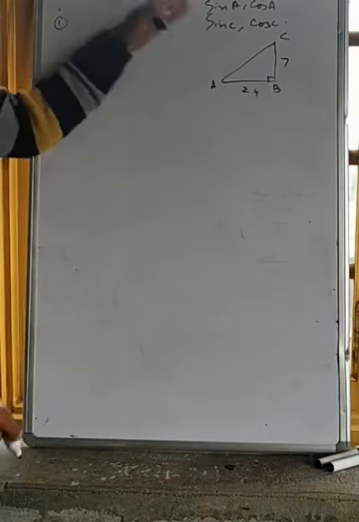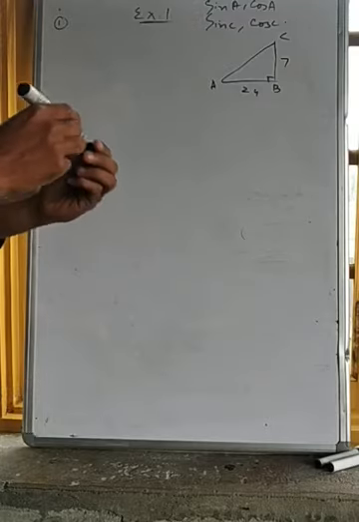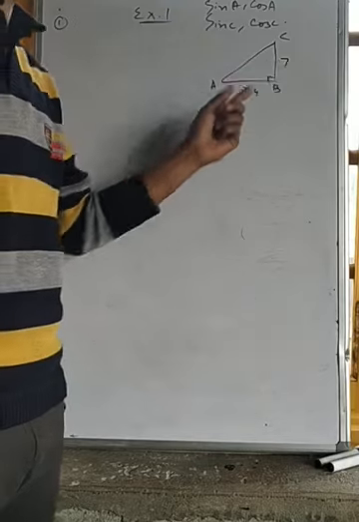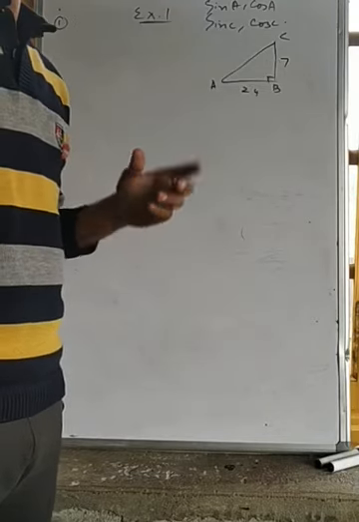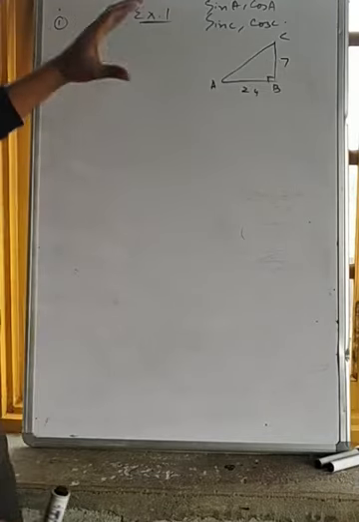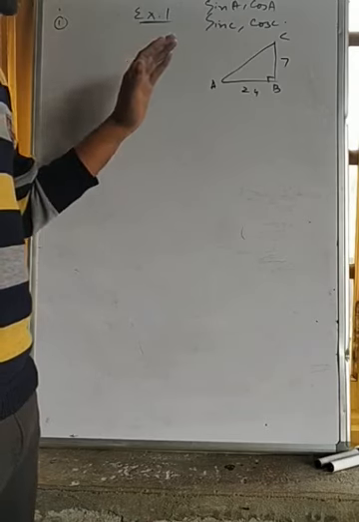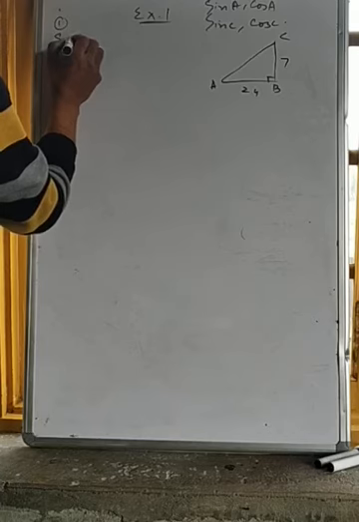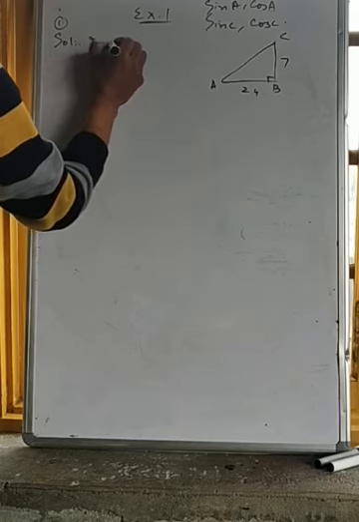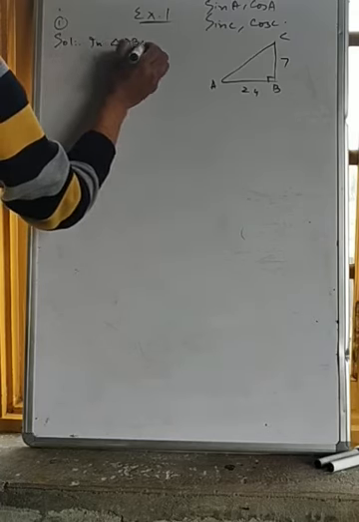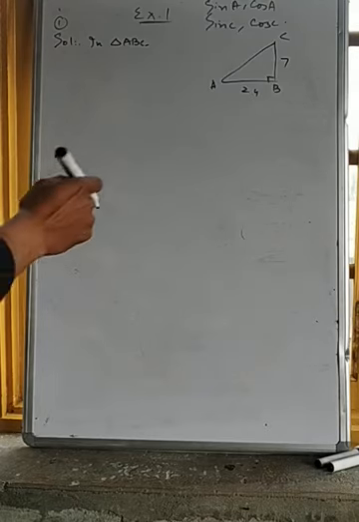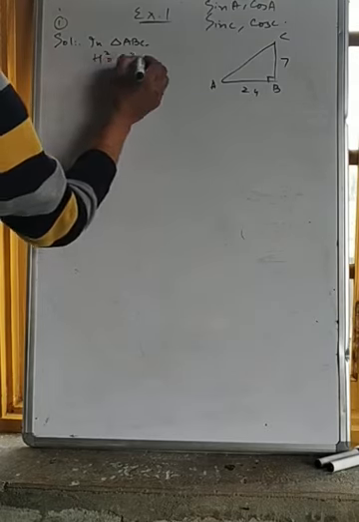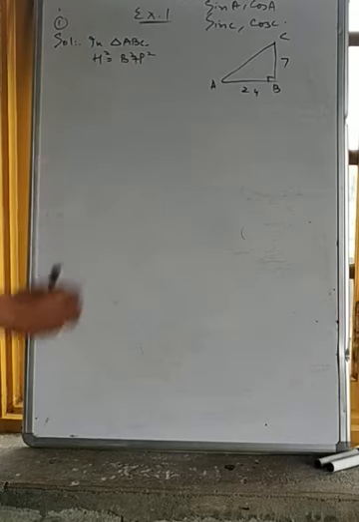Before solving the question, we are seeing here that we are given only two sides of a triangle, and we know in class 9th we have studied that in a right angle triangle, by Pythagoras theorem, in triangle ABC, hypotenuse square is equal to base square plus perpendicular square.